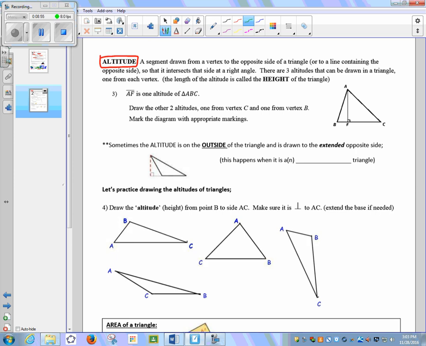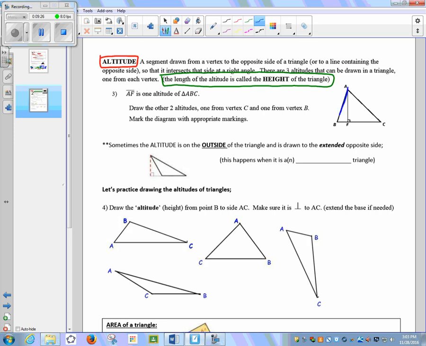This is an important little parenthesis here: the length of the altitude is considered the height of the triangle. So if this is the ground, what is the height of this triangle? You would measure it from the ground straight to the tip. But remember that if you turn this triangle, then you have a different base and a different height.